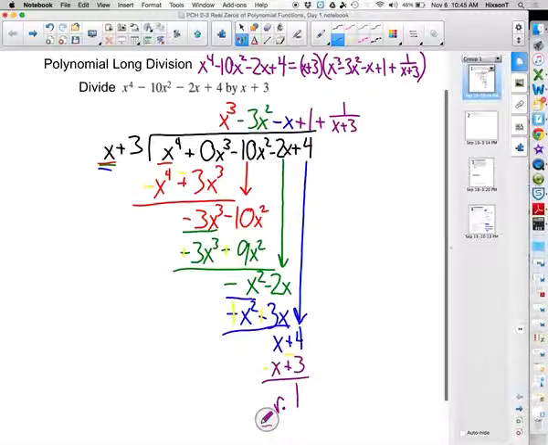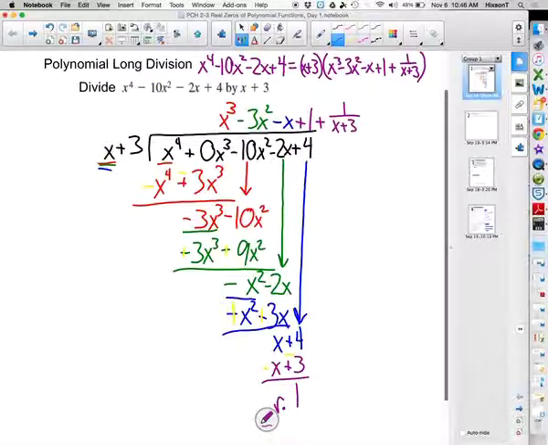What if we had not gotten a remainder? What would that have told us about the original polynomial function? We could have kept factoring and tried to find more. If there wasn't a remainder, it would mean that what you're dividing by is a factor of the polynomial, and that would mean what?